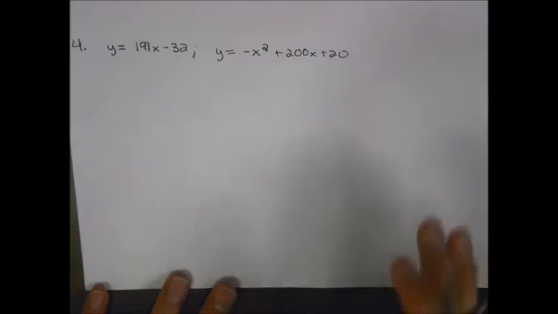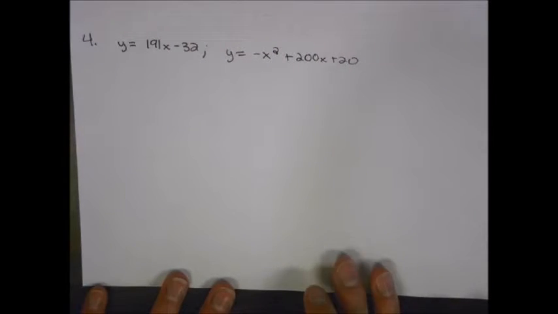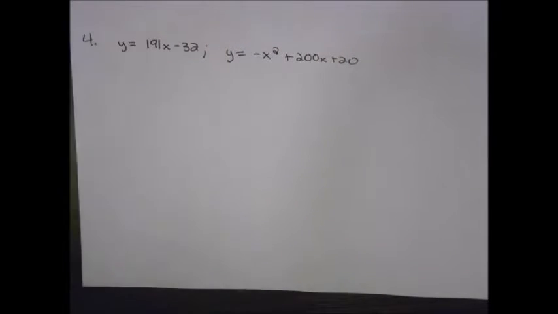Now that you've had a chance to try it, I'm looking at this. I notice I have y's that I could eliminate, and if I eliminate x's, I'll still have x squared, so that's not smart, so I'm going to eliminate the y. Let's go ahead and stack.